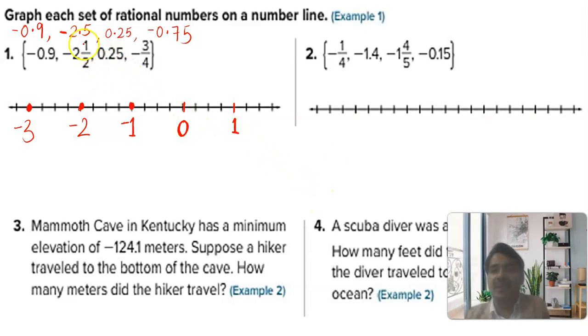So let's put this on a number line. Negative 2.5 will be here. Negative 0.9 will be somewhere here.